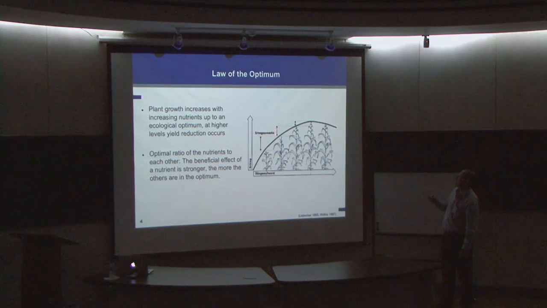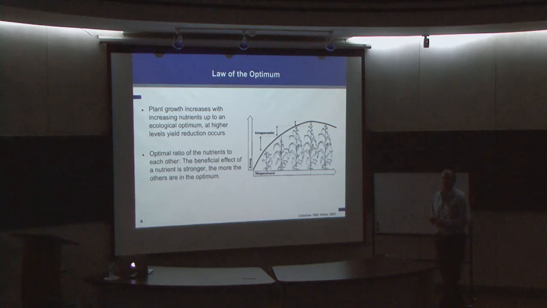This increase of yield, the more you fertilize, gets smaller up to a maximum, and beyond that maximum, which is typically in a range of 200 kilograms of nitrogen per hectare, it goes down again and yield decreases again.